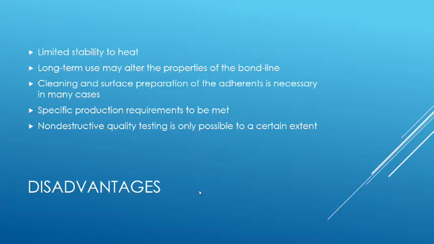It shows relatively poor heat resistance of the bond line as compared to inorganic materials such as metal and glass. In order to obtain high performance assemblies, the production parameters must meet the specific requirements of the material used.